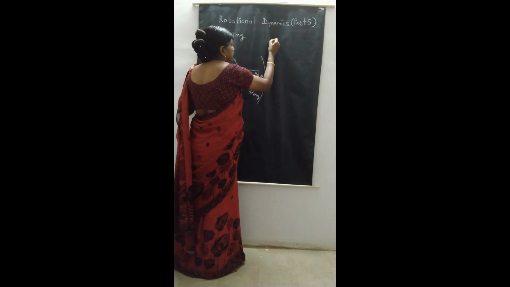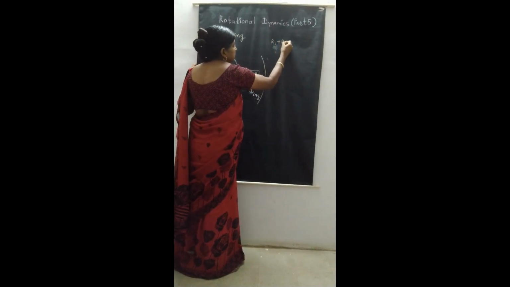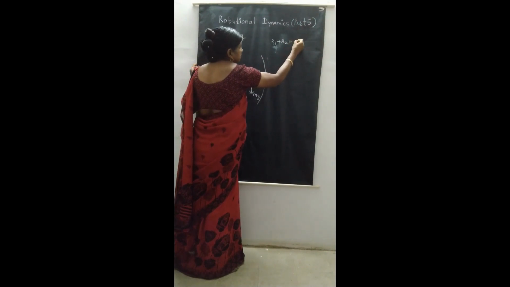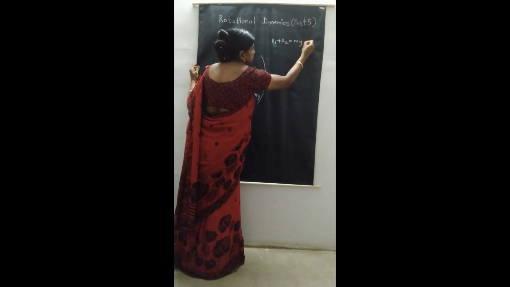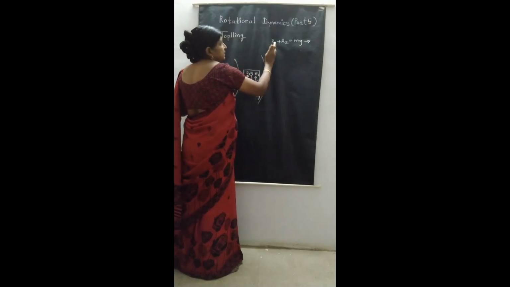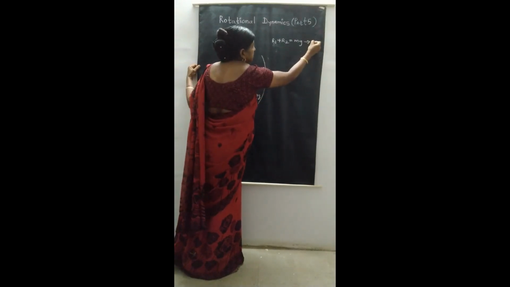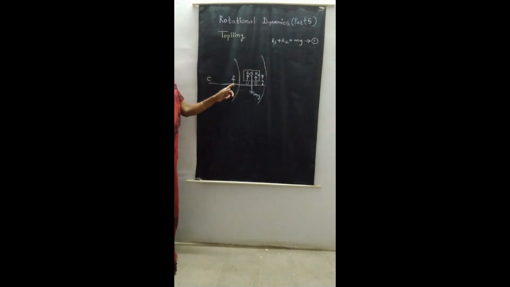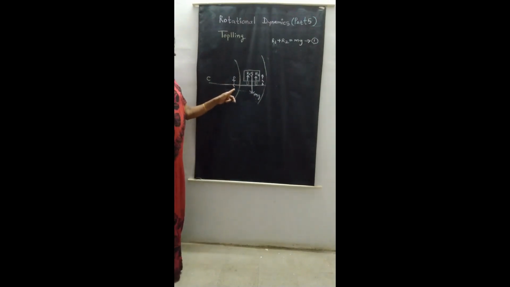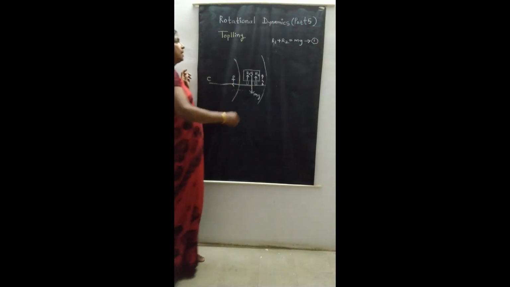Therefore, we get the equation R1 plus R2 is equal to mg. Under equilibrium condition, these forces should be equal. The sum of R1 and R2 must be equal to mg. This is the first equation.